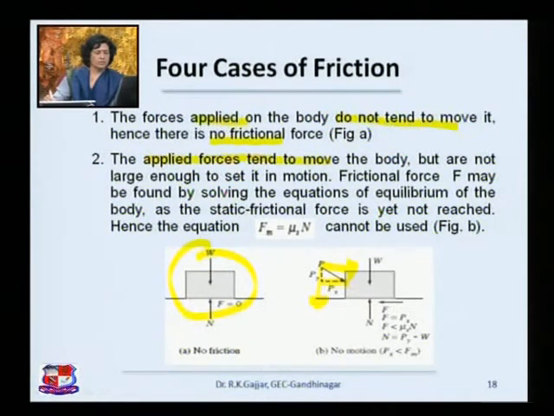So there is always a component which is trying to push the body. The moment the body is trying to push or slide over this surface, what comes into picture? Good old friend, friction.